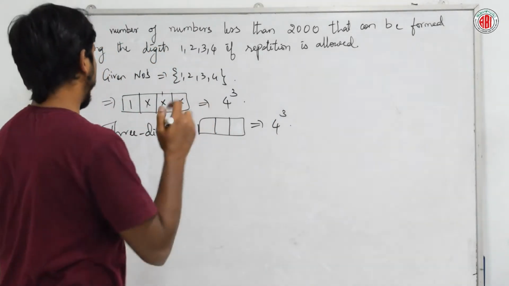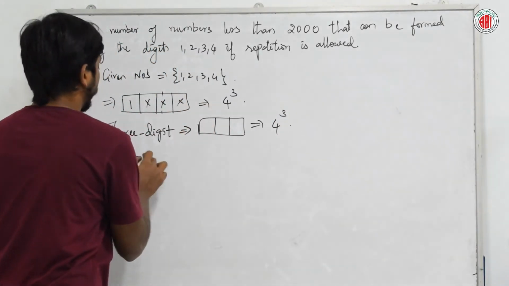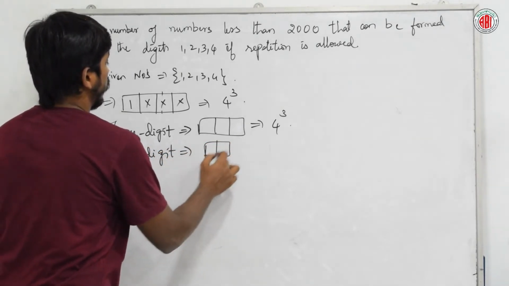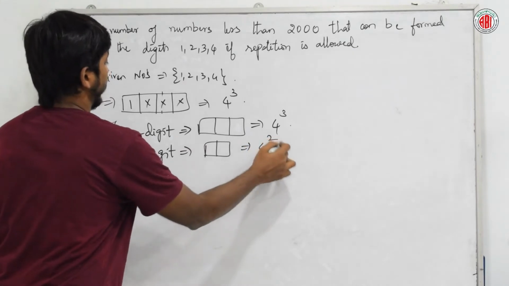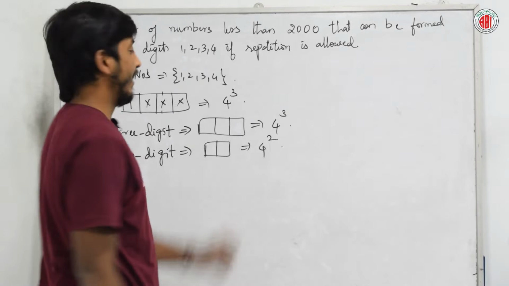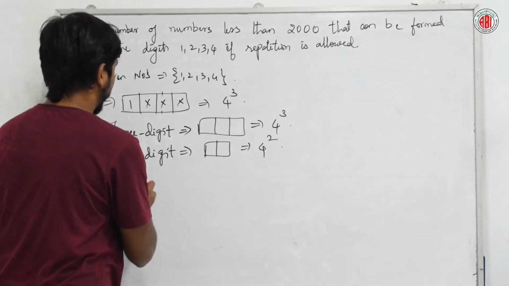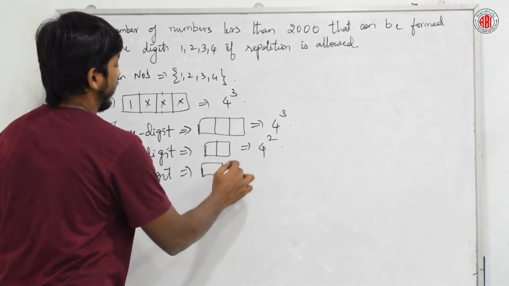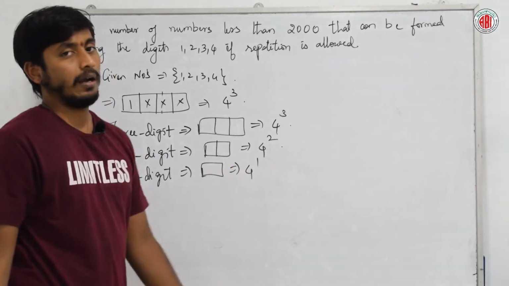Next, if I want 2 digit numbers, 2 positions, 4 elements, repetition is allowed there again. Next, 1 digit number, only single element, 4 power 1.